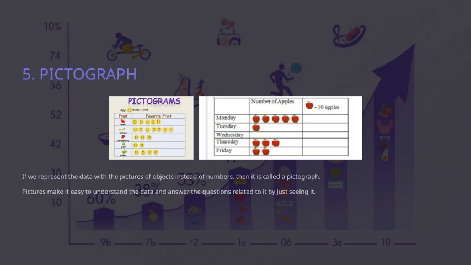This makes pictographs a very effective tool, especially when you want to communicate information clearly and engagingly. Remember, the main idea is that pictures can often tell the story more intuitively than numbers alone, which ties into our overall goal of making data accessible and understandable for everyone.